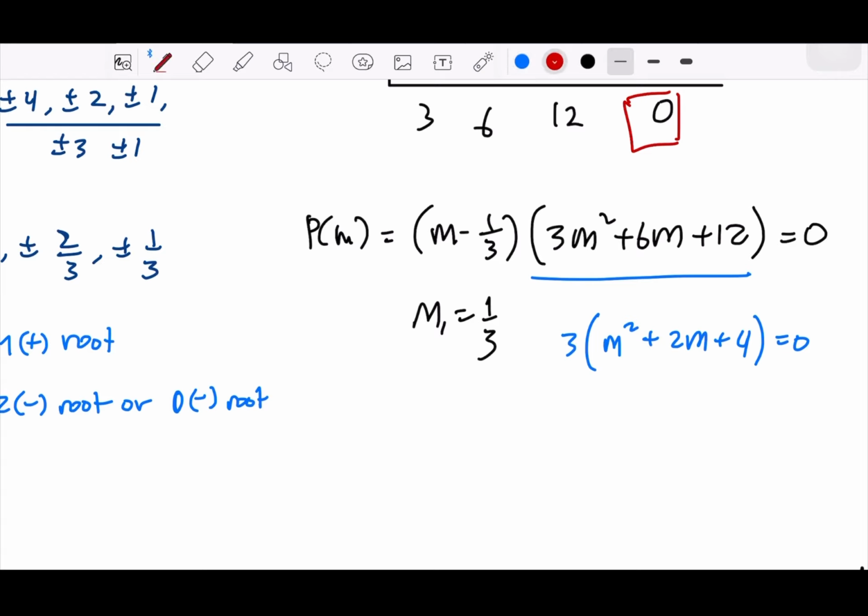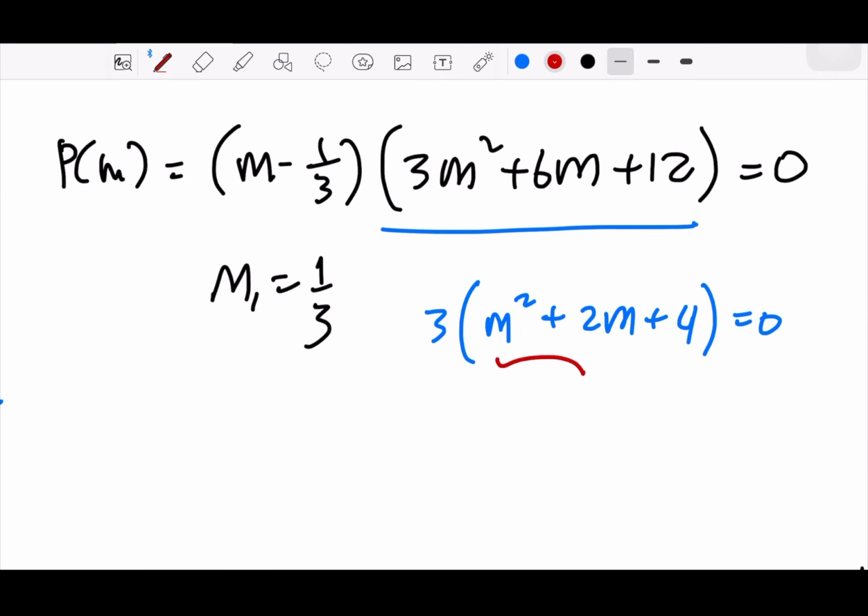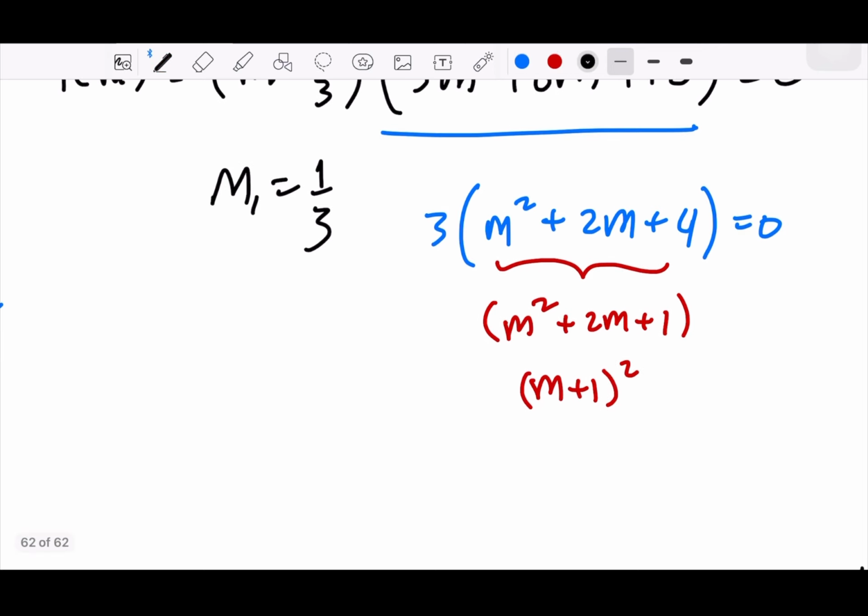We could get the inside here by taking the complete square, so we can write this as m squared plus 2m, supposed to be plus 1, right, to make it a complete square. So we have m plus 1 squared, and plus 3, right, plus 3 equal to 0.